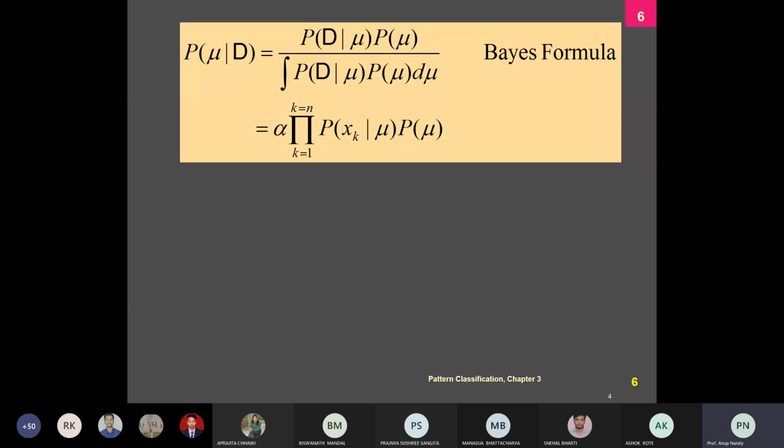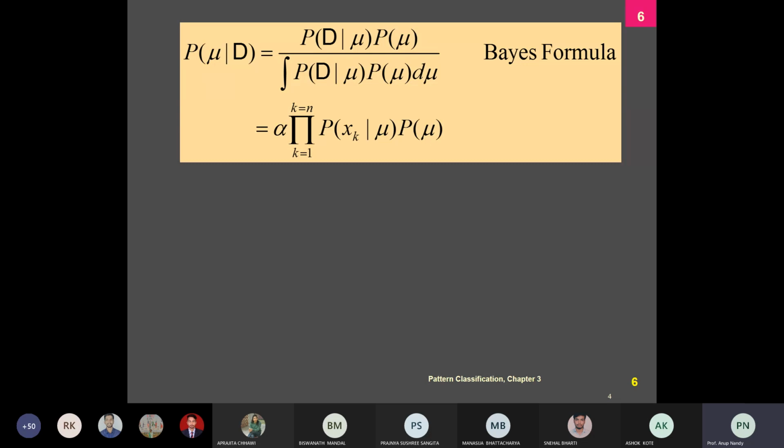That can be represented in the form alpha times the product over k equals 1 to n of P(xk given mu) into P(mu), where alpha is a normalization factor. P(xk given mu) is a density function, and P(mu) is a prior probability.